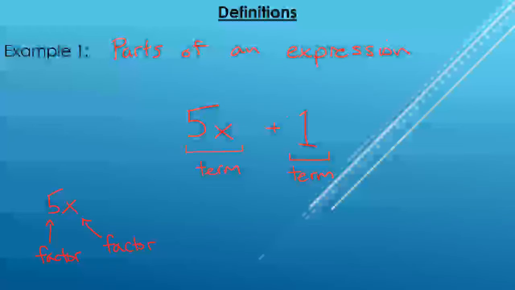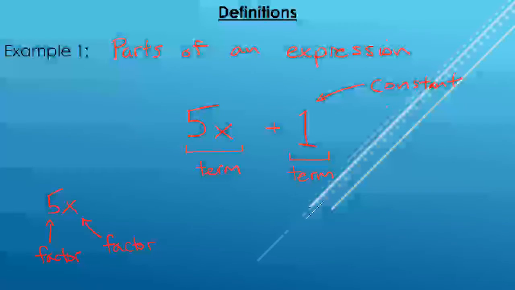Another important name we need is a constant. A constant is something like a whole number. It could be a fraction. It's anything without a variable or an x or a y attached. So 1 in this case is our constant. And I'll add a little to that.